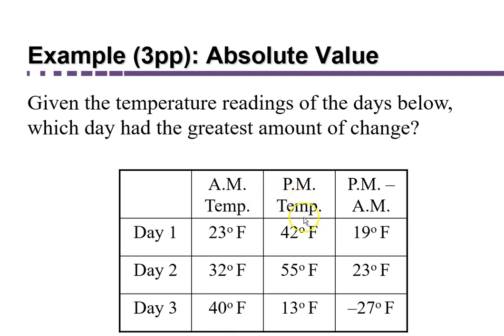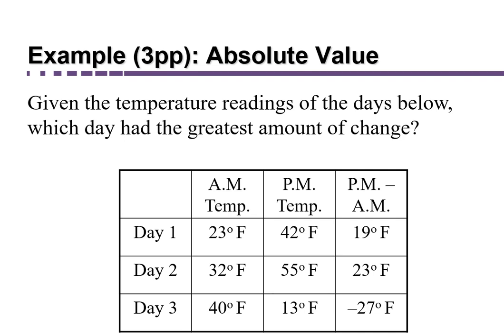Afternoon temperatures were this. And we're looking at the amount of change. Well, here there was 19 degrees positive, 23 degrees positive, but this day had a negative 27 amount of change. So which is the largest?